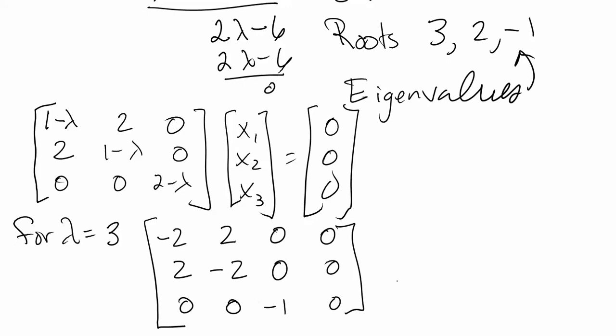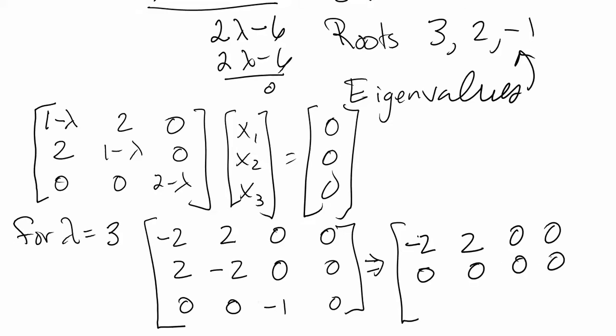And when I apply Gaussian elimination to this, all I need to do is replace row 2 by the sum of row 1 and row 2. Row 1 stays the same, minus 2, 2, 0, 0. The next row is the sum of the old row 1 and the old row 2, or 0, 0, 0, 0. And row 3 remains the same, 0, 0, minus 1, 0.